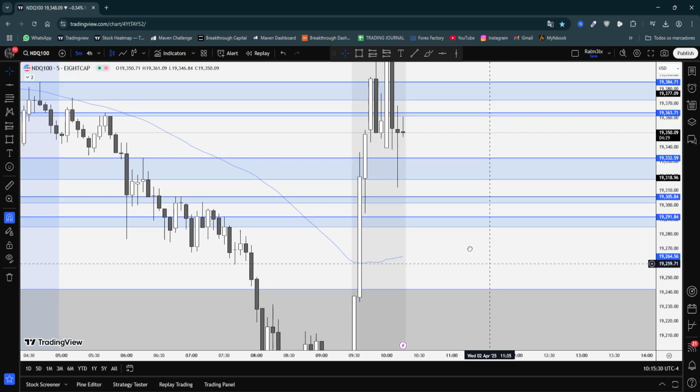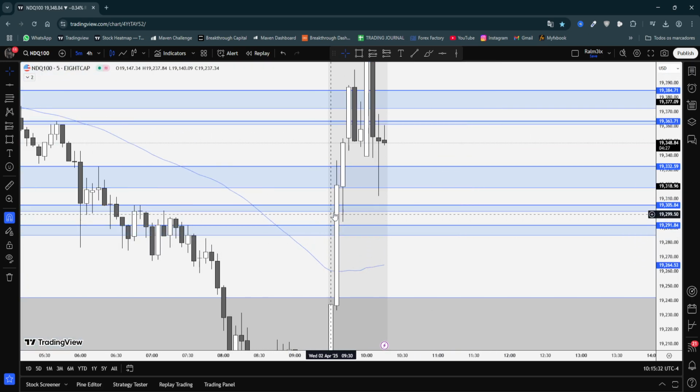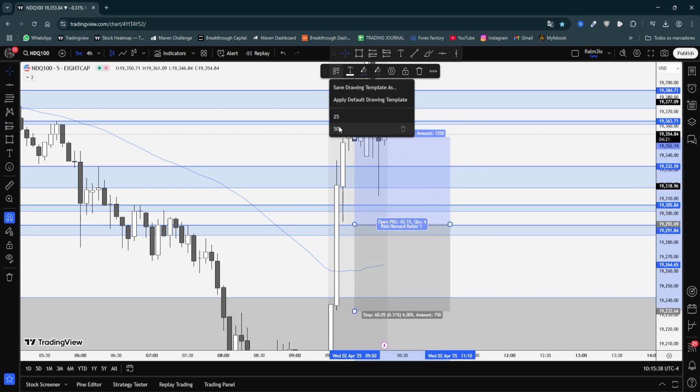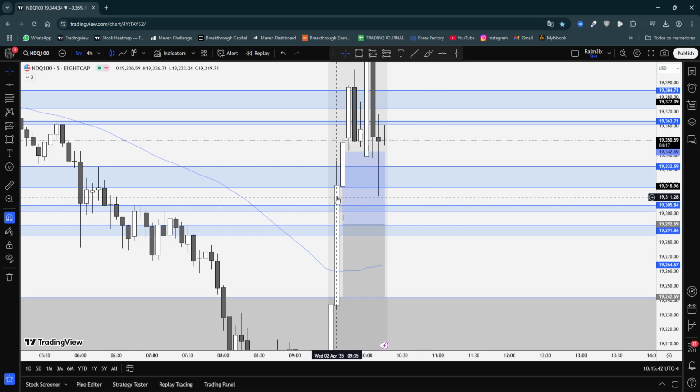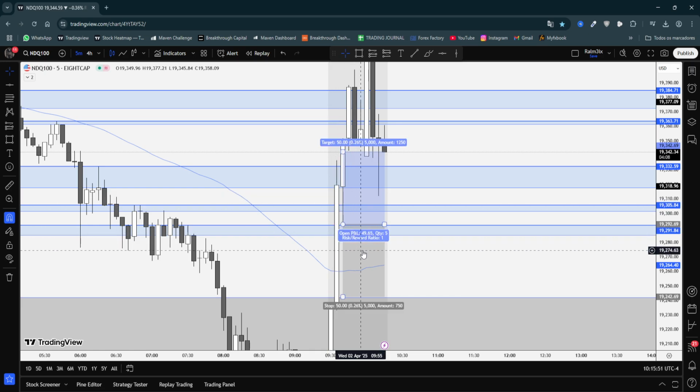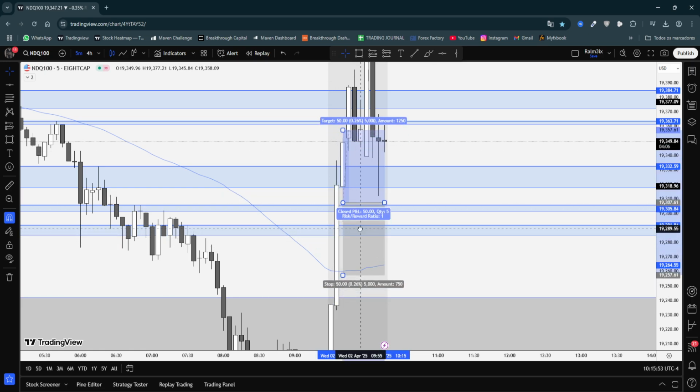So as soon as I saw price close with a big volume above these zones, I had my limit order prepared here, as you can see. But because this candle closed above this one, I just put my limit in this one.